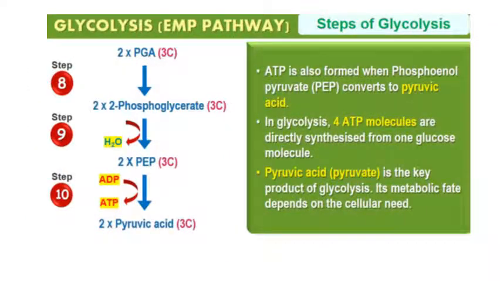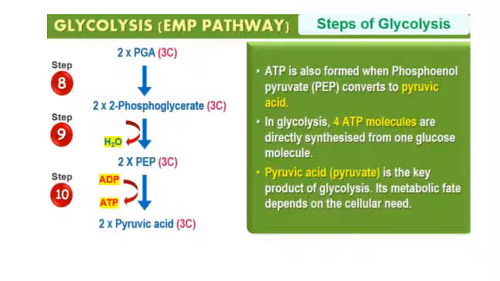ATP is also formed when PEP, that is phosphoenolpyruvate, converts to pyruvic acid. In glycolysis, if we observe, 4 ATP molecules are directly synthesized from one glucose molecule. Pyruvic acid is the key product of glycolysis. It is a 3-carbon compound.